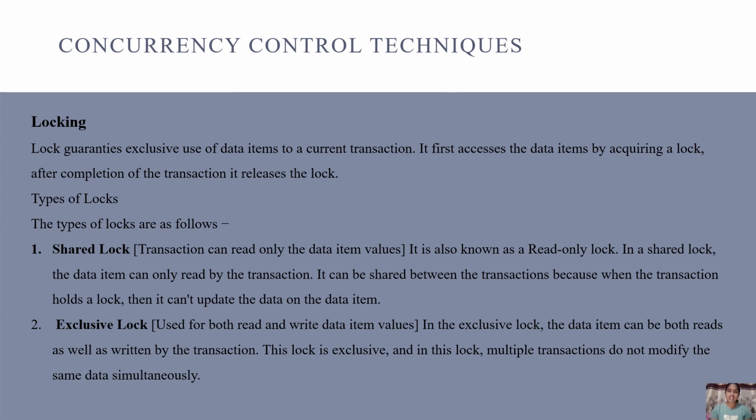It can be shared between transactions because when the transaction holds this lock, it can't update the data on the data item. The exclusive lock is used for both reading and writing data item values. In the exclusive lock, the data item can be both read as well as written by the transaction. This lock is exclusive, and in this lock, multiple transactions do not modify the same data simultaneously.